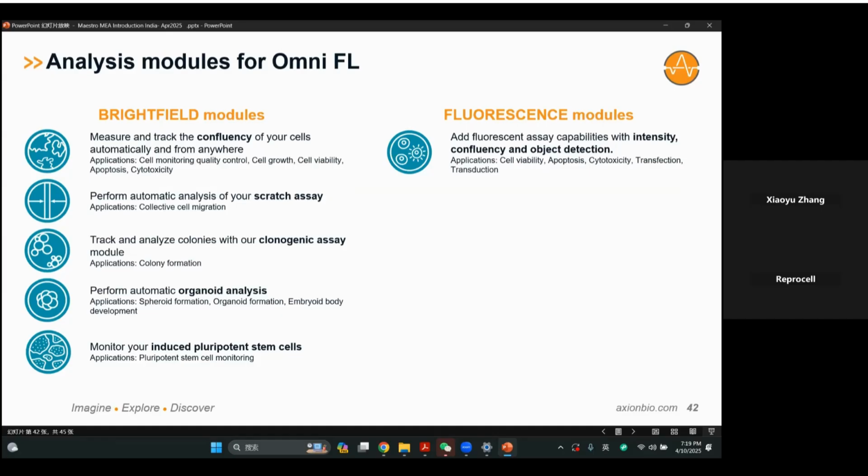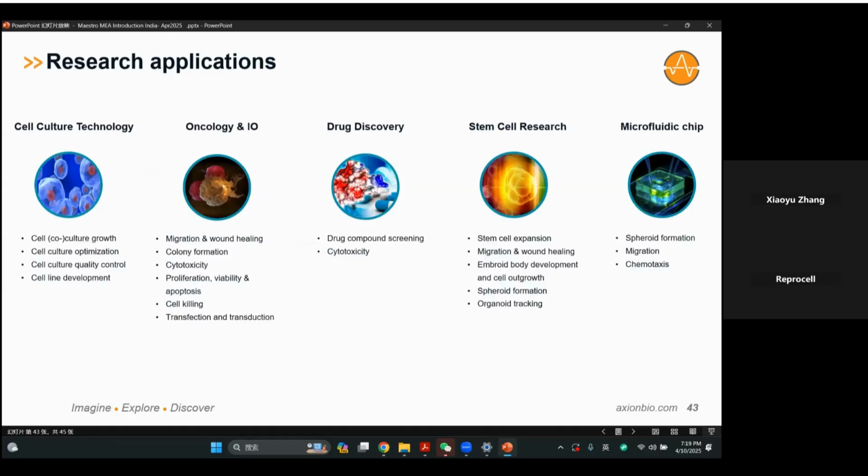other organoids over time. And so with our OmniFL, there are lots of applications available, like cell culture growth, oncology and immuno-oncology, and the migration of wound healing, clone formation, or drug compound screening, cytotoxicity, or spheroid or organoid formation.